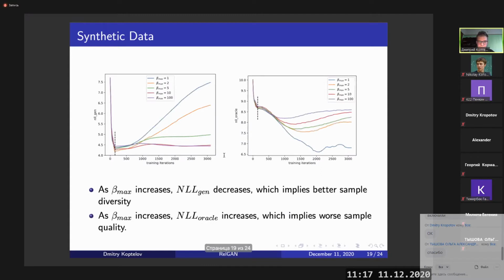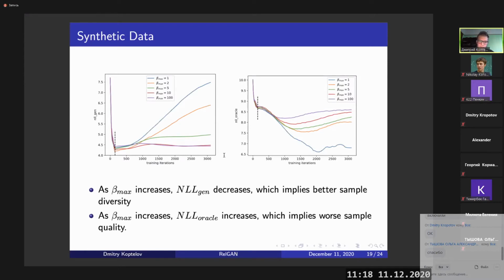Okay. Also, they show charts with NLL gen and oracle losses for different beta. And we can see that if we increase beta max, NLL gen decreases. It means that we get better diversity.